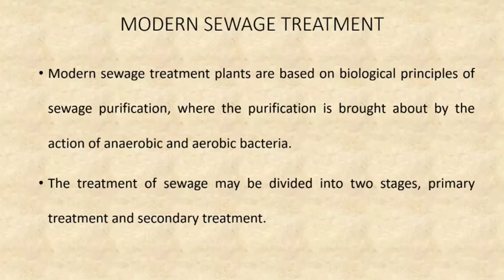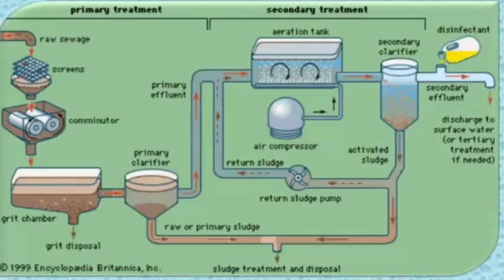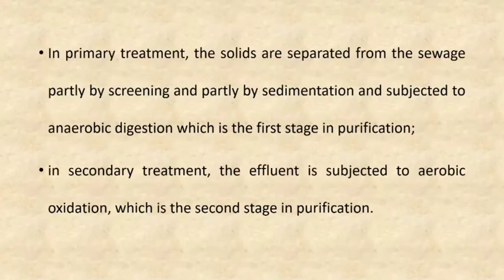The treatment of sewage may be divided into two stages, that is primary treatment and secondary treatment. In primary treatment, the solids are separated from the sewage partly by screening, partly by sedimentation, and are subjected to anaerobic digestion, which is the first stage of purification. And in secondary treatment, the effluent is subjected to aerobic oxidation, which is the second stage in purification.